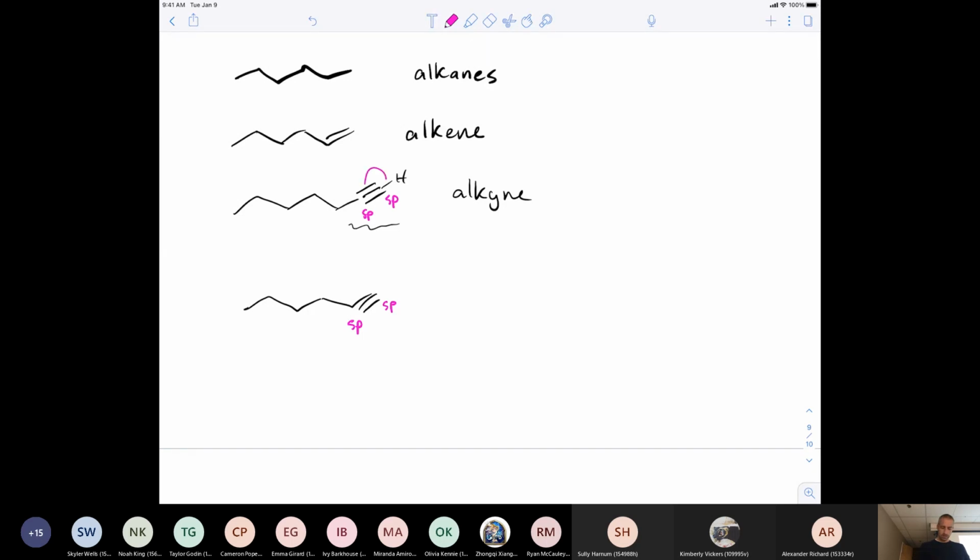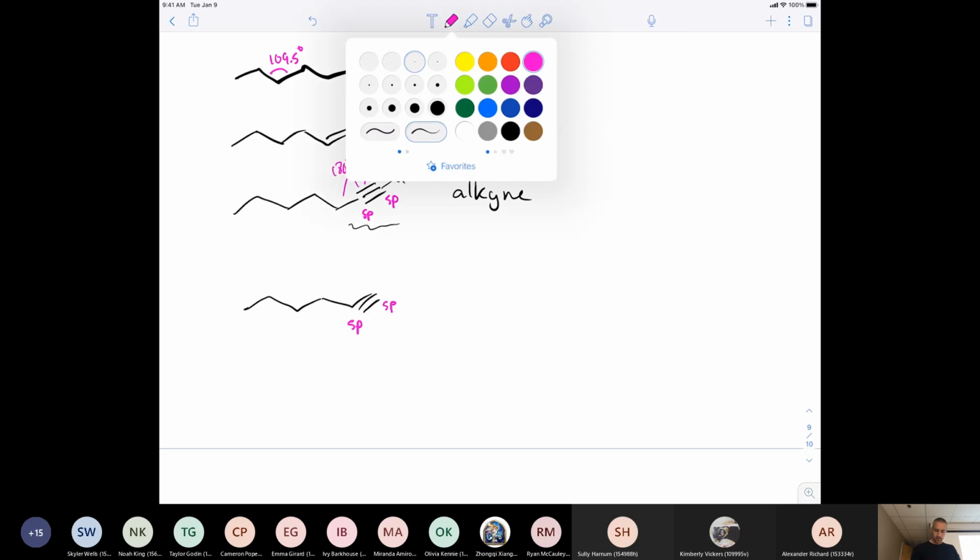Linear, these should all be 180 degrees. So I just drew it the way it looks. Whereas all these other ones over here are 109.5. So when I'm drawing these zigzag structures, I'm trying to approximate what they should actually look like. All right, what else do we have?